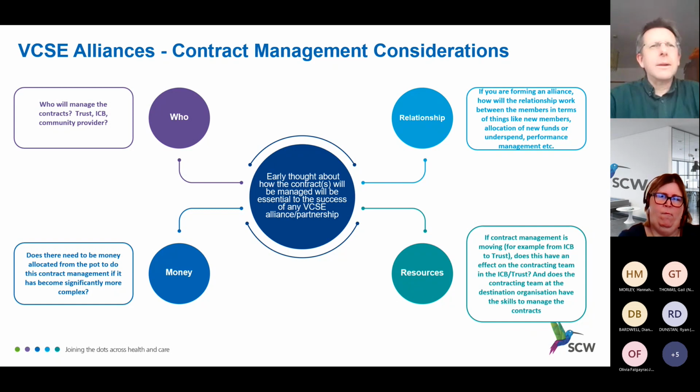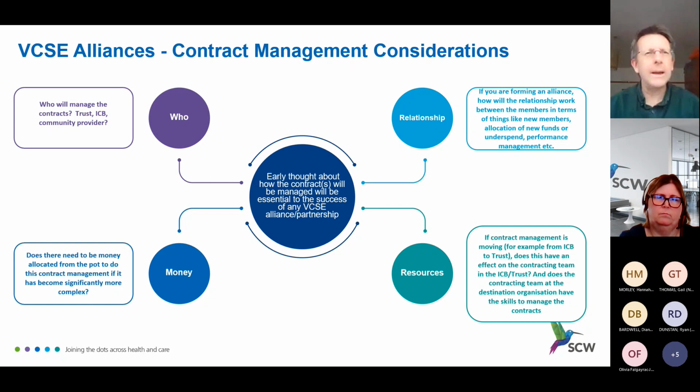So you need to understand who is actually going to manage the contract that you award. Is it going to be the commissioning body themselves? Is it going to be a provider within the organisation, within the system? Is it going to be a foundation trust, a community provider, a local authority?